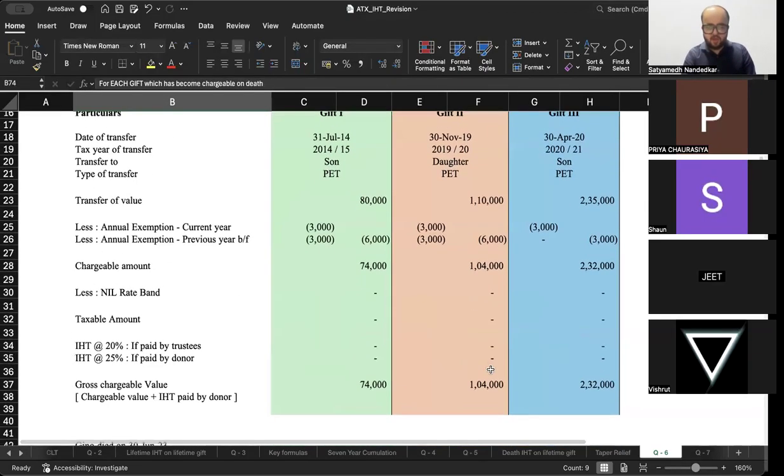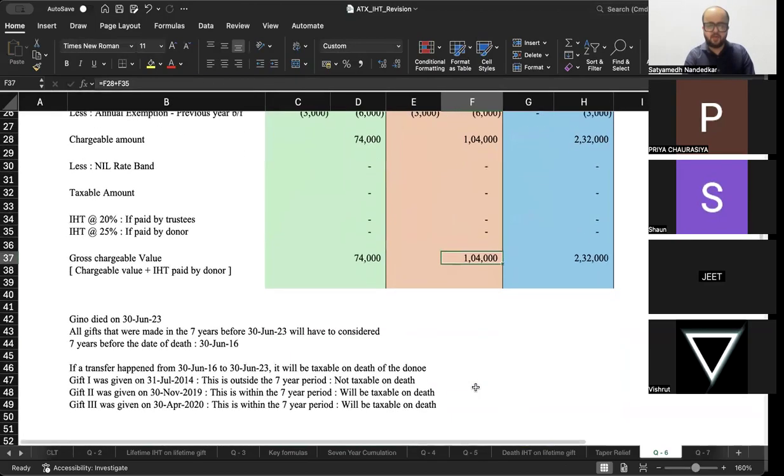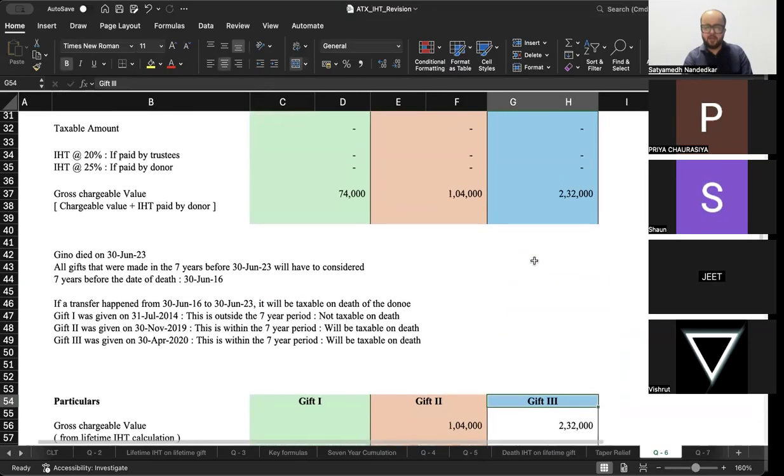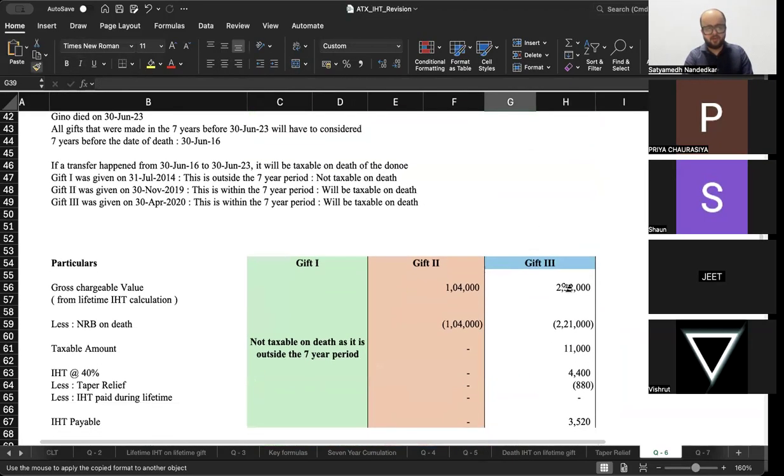What was the GCV of this PET? GCV was 1,04,000. So 1,04,000 minus, now you have to subtract NRB. What is the NRB? How do you calculate NRB on the death estate? The NRB on the death estate का calculation जो है, that's given by a formula, and we just now saw the formula.